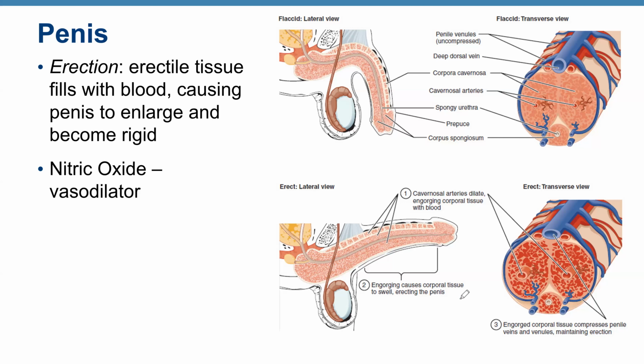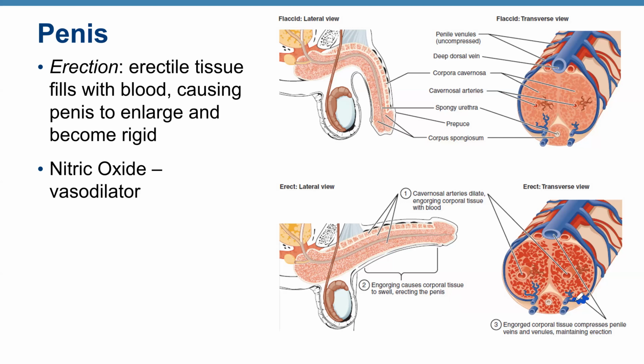Right, so over here, number 1, cavernosal arteries dilate, engorging corporal tissue with blood. Engorging causes corporal tissue to swell, erecting the penis. And engorged corporal tissue compresses penile vessels and venules, maintaining erection.